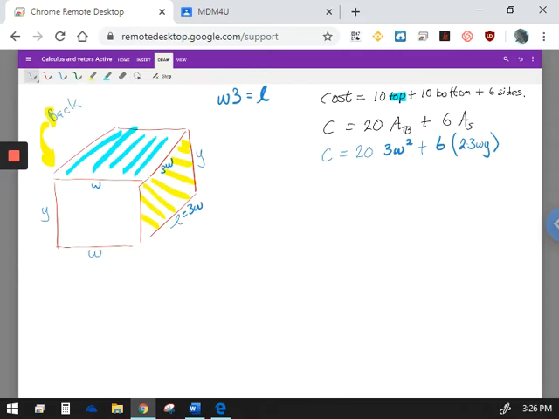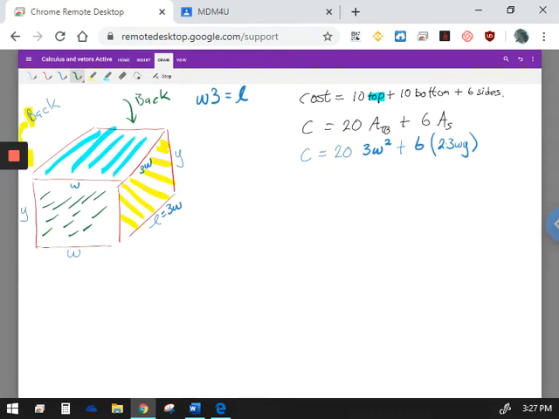All right. And now I'm going to do this green side here. And again, there's 2 of those in the back here. And I'll go ahead and add that on. It costs $6. Right? I'm going to add it onto the cost function. Right?